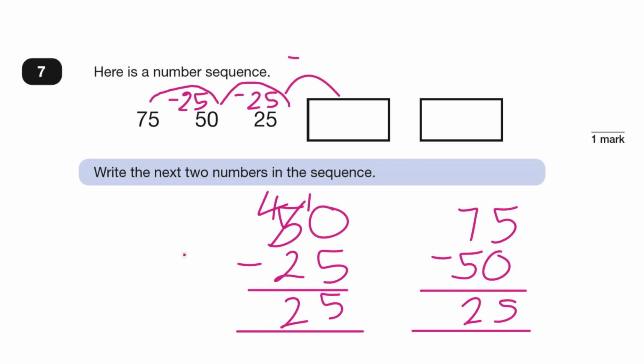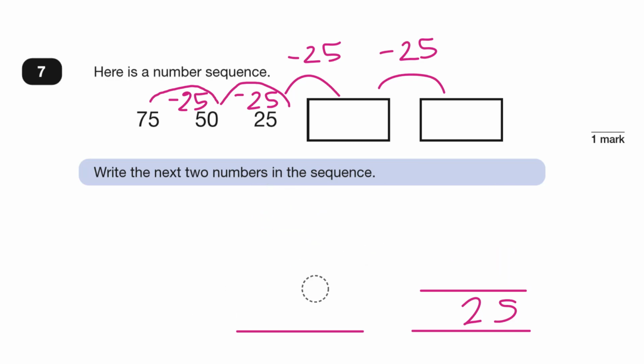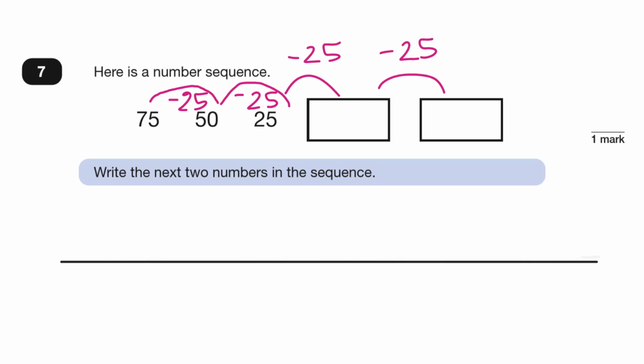That means we need to carry on taking 25 away to get the next 2 numbers. Okay, so 25 subtract 25. I'll just rub this out so that I can do a number line. So we have gone like this.